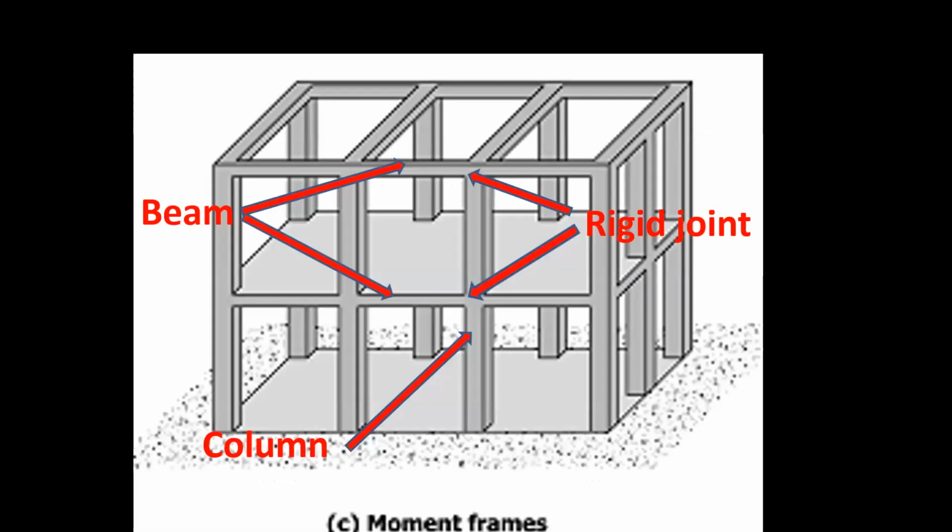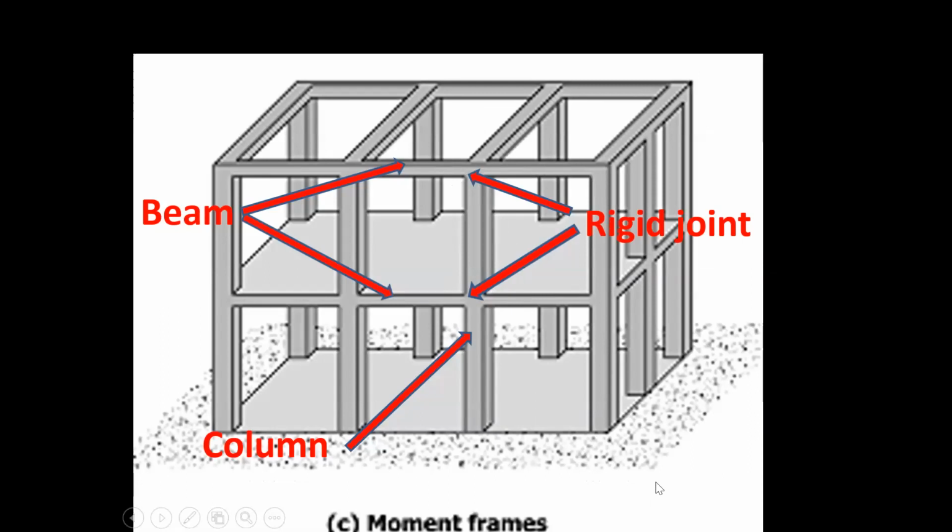And finally, as you know, you can use moment frames to resist horizontal forces. A moment frame consists of beams and columns connected by rigid joints, very strong joints at each intersection.